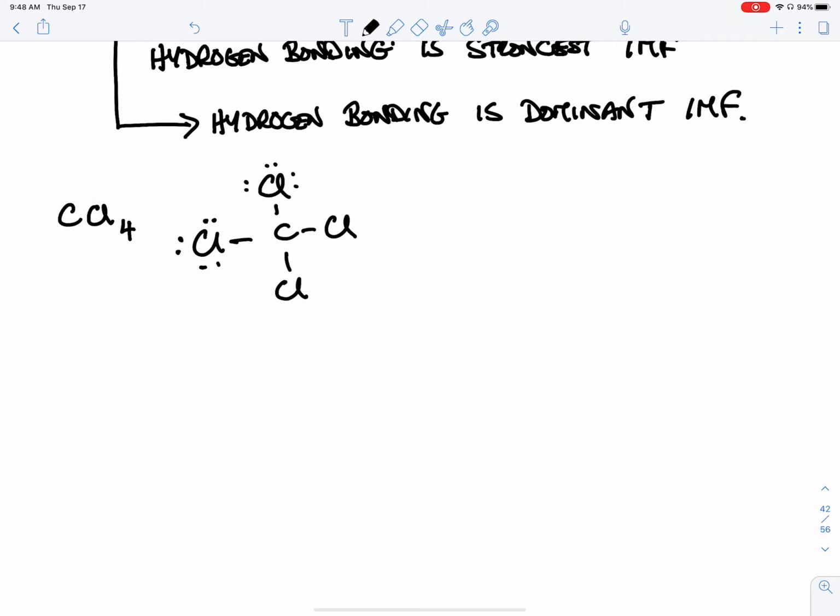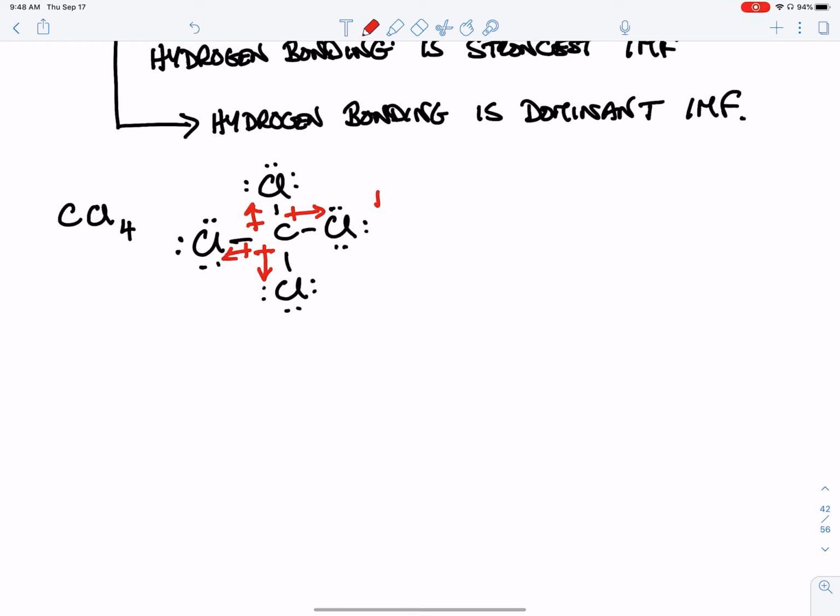You would, of course, add all of your electrons, and then you would realize that carbon is bonded to chlorine, which is going to make a polar bond because they're dissimilar. And so there's going to be these 4 polar bonds here.